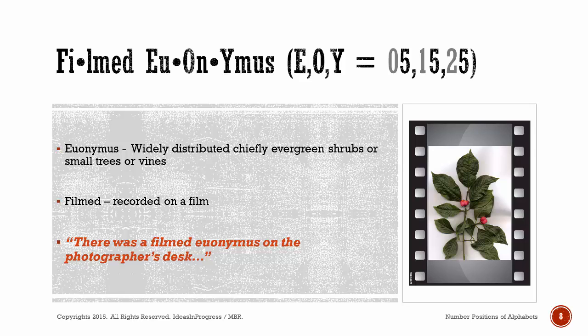EOunYmus is actually a word used to describe a group of evergreen shrubs or small trees or vines. Filmed in this context means something that has been put into a film, and this is what you can see as a depiction on the right side, a filmed EOunYmus. The sentence that can help you to remember this even better is there was a filmed EOunYmus on the photographer's desk.